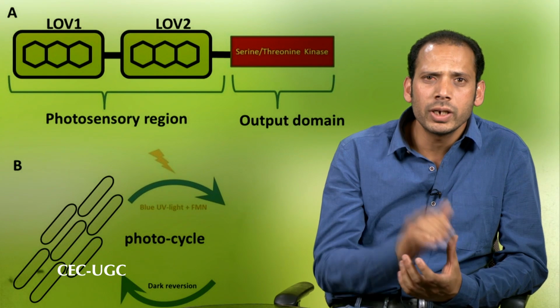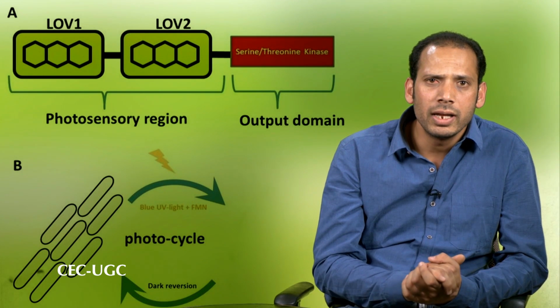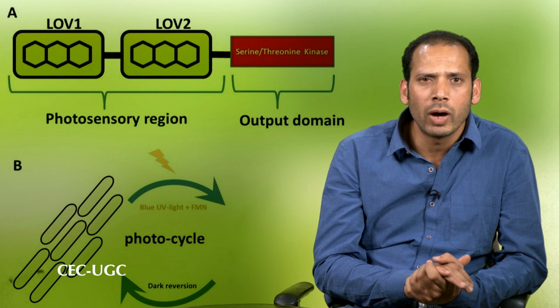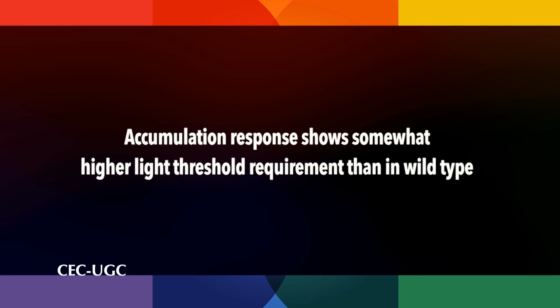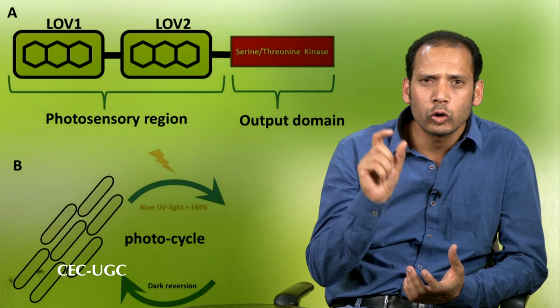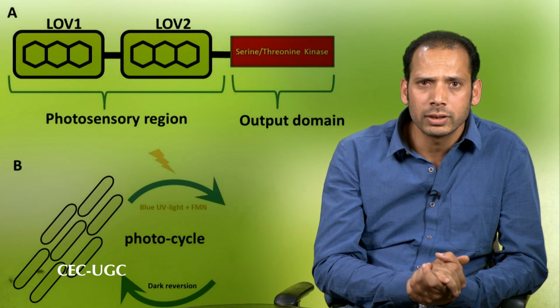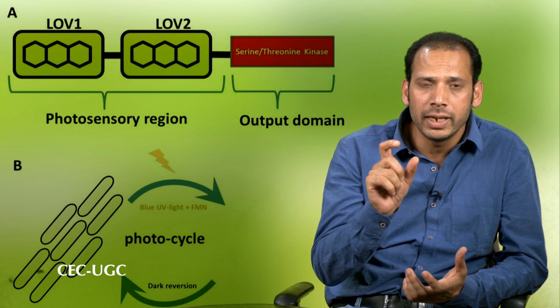It has been reported that although the high light avoidance response is normal in the Phototropin-1 mutant, the accumulation response shows a somewhat higher light threshold requirement than in the wild type. This result indicates that Phototropin-1 somehow contributes to the accumulation response, but is not the only player.